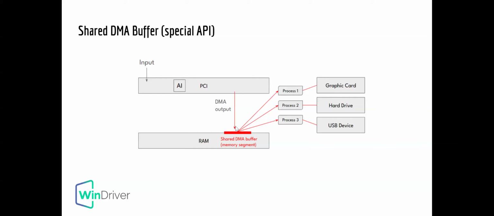What we offer is to create a shared DMA buffer. This is a memory segment that broadcasts the data from this buffer to several processes. Very, very convenient. So this is another very advanced capability and feature we offer, but it exists, and I recommend you being familiar with it.